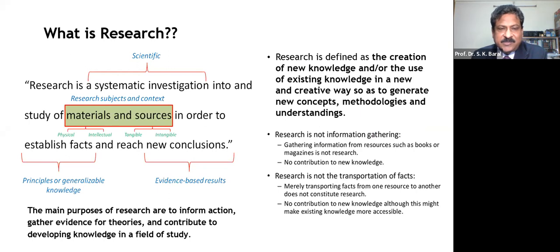This is the research subject and content context in order to establish the facts. Facts we have to establish because we have to draw a conclusion which should be a newer one. And the main objective of this research is creating new knowledge and using existing knowledge for generating new concepts.